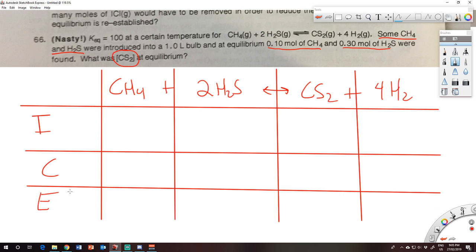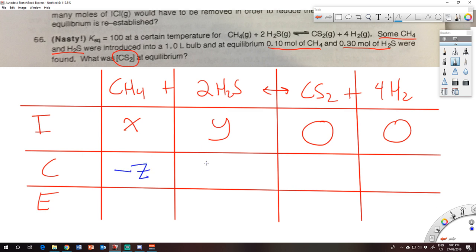Okay. Anyways, we don't know what this is, so we'll call this X. We'll call this Y. As you can see, it's already going to start looking really, really crazy because we've already identified two variables. We assume we have none of that, otherwise it makes the problem ridiculously difficult. Okay, this is going to change by some amount.